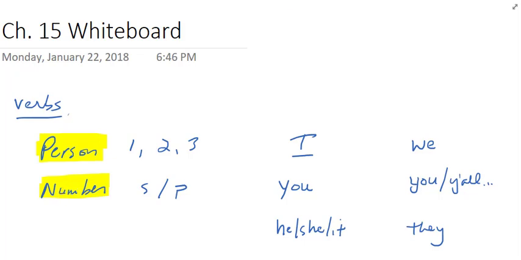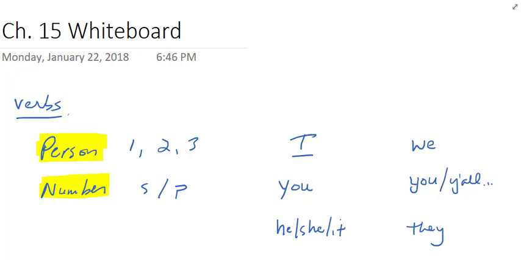But the word number, when we talk about grammar, just means singular versus plural. That's what we mean by number. So if I say, what number is that verb? Don't tell me first person, okay? That's not number. Number is singular versus plural.